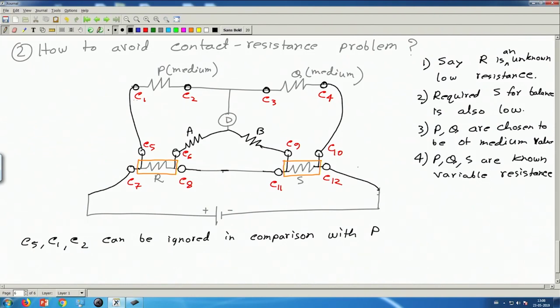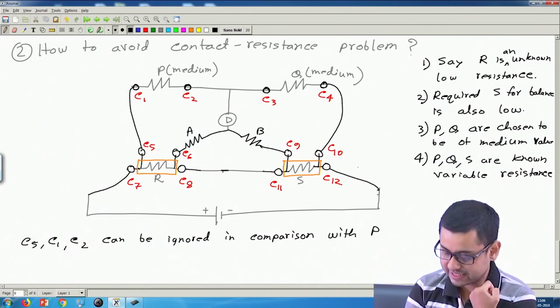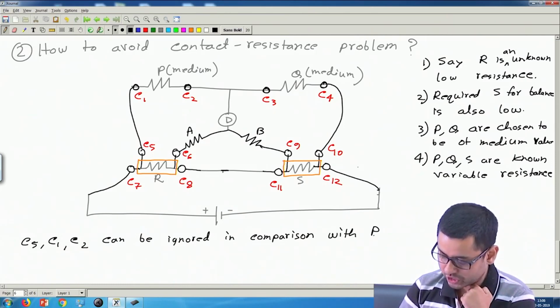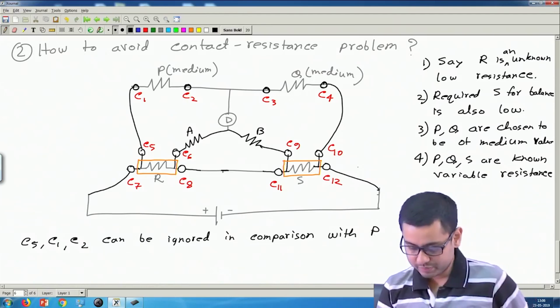So even if you add these small resistances to P, the ratio P by Q is not going to change. P by Q or P plus these resistances by Q are going to be the same. So these resistances can be ignored in comparison to P.